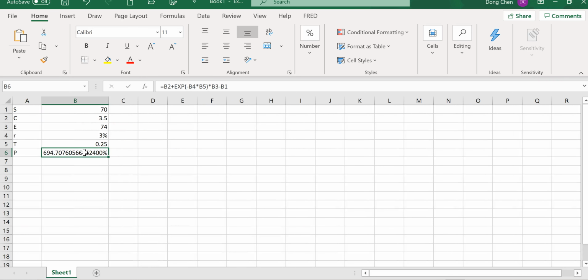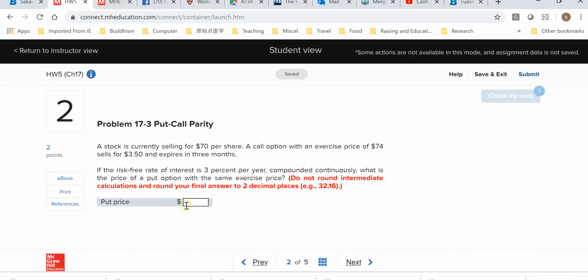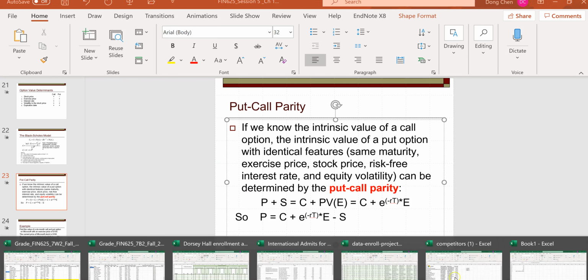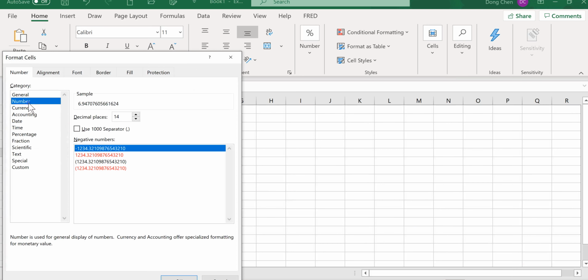Then we need to change the format to conform with the requirement of this question. It says do not round intermediate calculations and round your final answer to 2 decimal places. So we need to change this back to 2 decimal places: format cells, number, and we want to keep just 2 here.